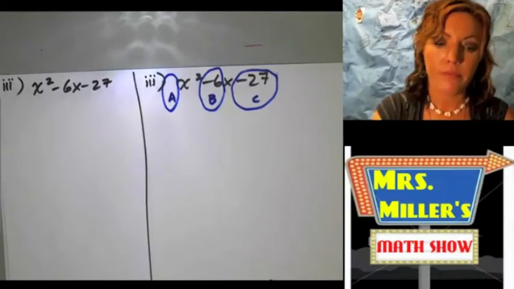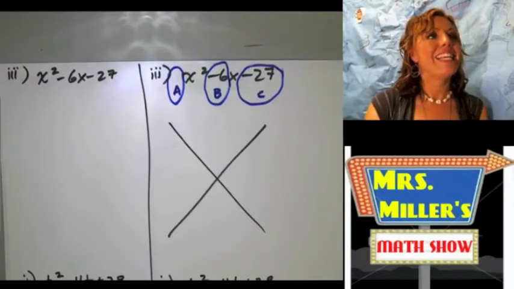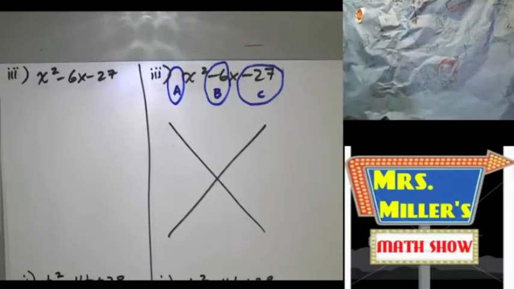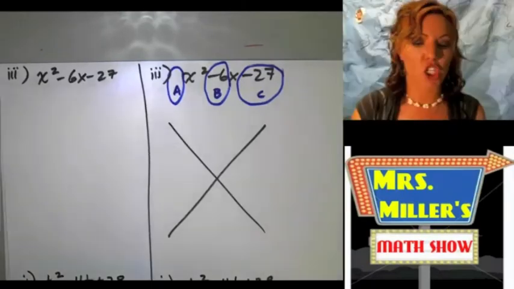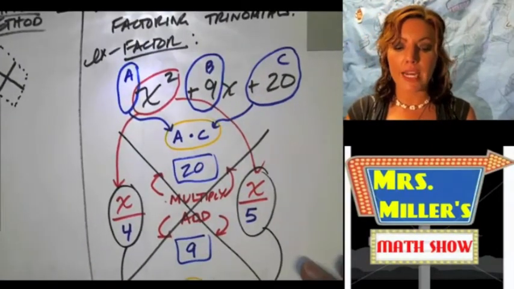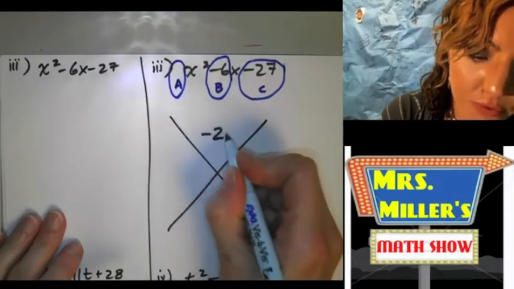You make a big X. Everybody give Alyssa a round of applause. Woo! Who can tell me what goes in the top of this X? So top of the X is A times C, bottom is B. Rebecca? Negative 27. Everybody give it up for Rebecca.